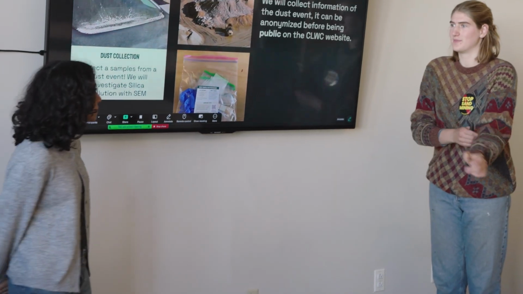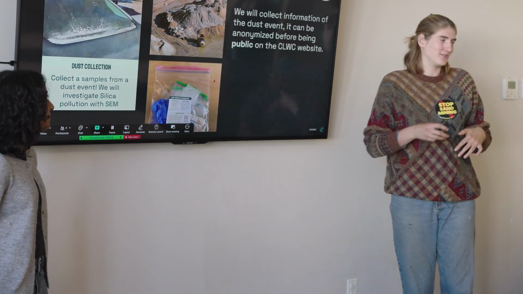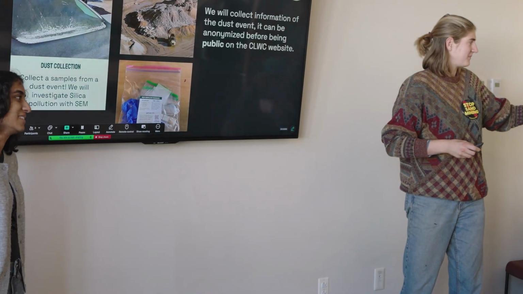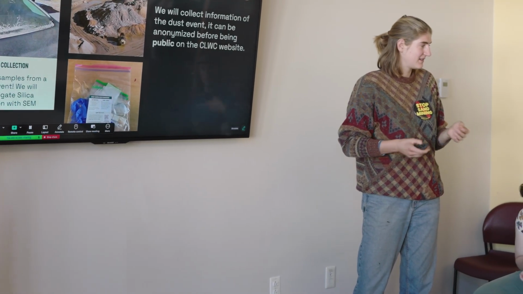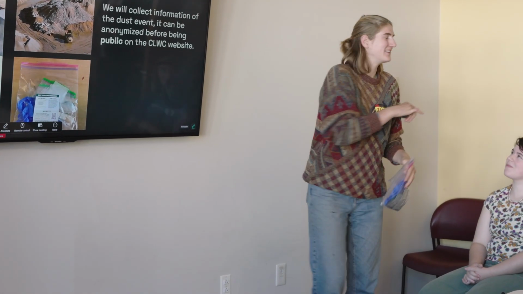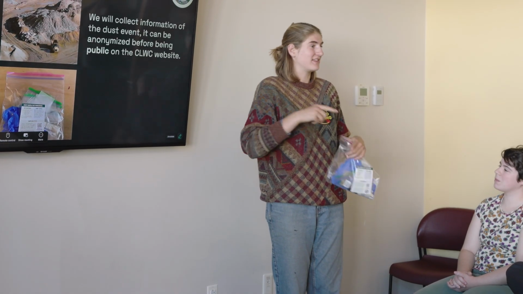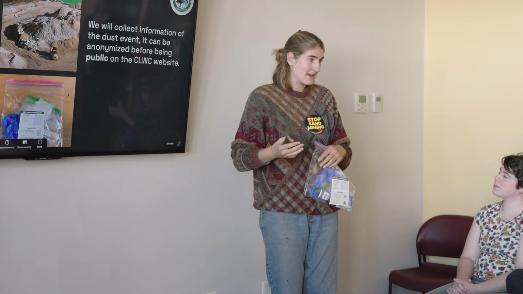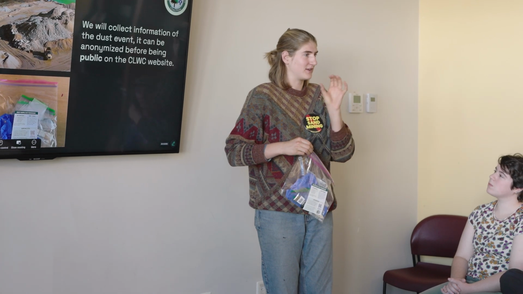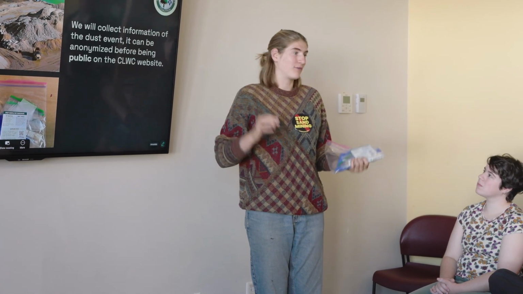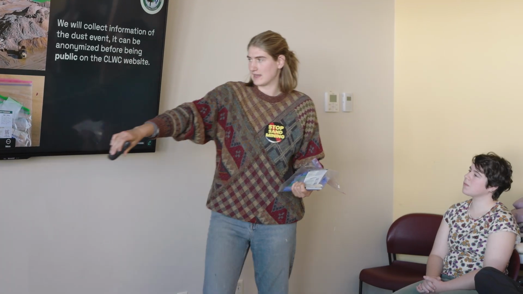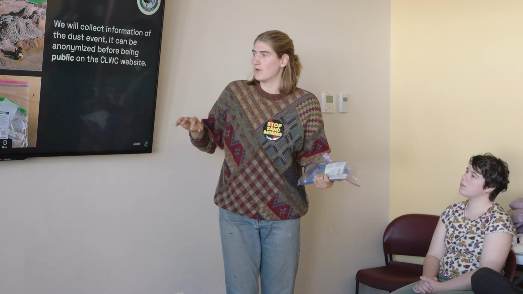Walking it back to the analysis that Peter and Ava talked about with the dust collection, which they then went through with the SEM to figure out how much silica was in it, we are looking for more data of that type from other kinds of sand events. So after a dust event, when sand is blowing through, Catherine will officially define it.